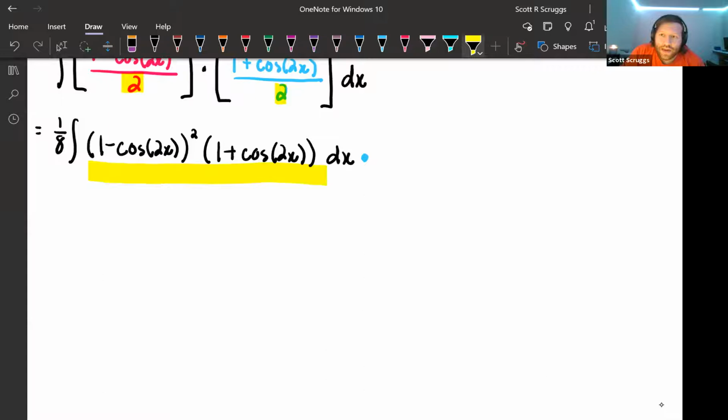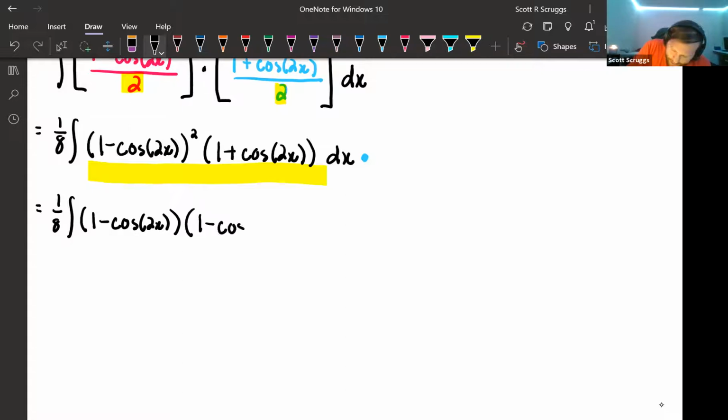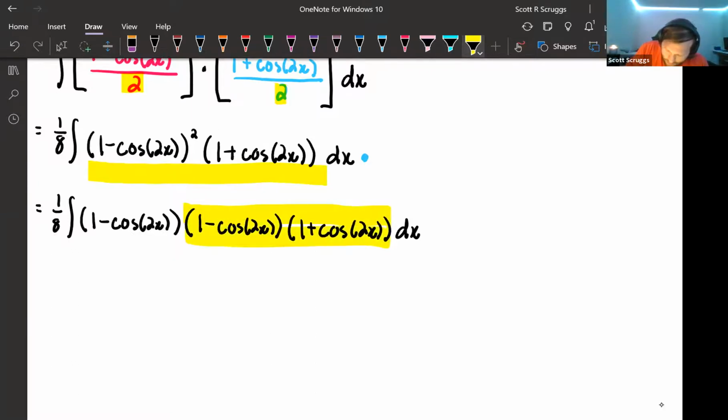One hint that I want to give y'all before you begin evaluating, and it's going to seem silly: my advice when you start doing the multiplication is that it might be advantageous to start evaluating the first two factors first, instead of doing the 1 minus cosine of 2x squared.